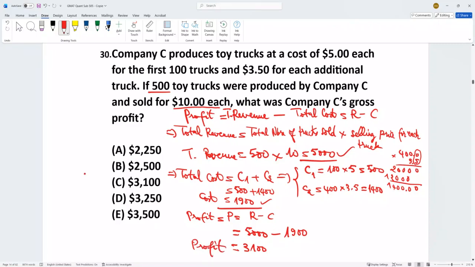Do we have that answer choice here? Yes. So answer C is definitely the correct answer we are looking for. So that's how you solve this particular question. Now let's go to the next question.